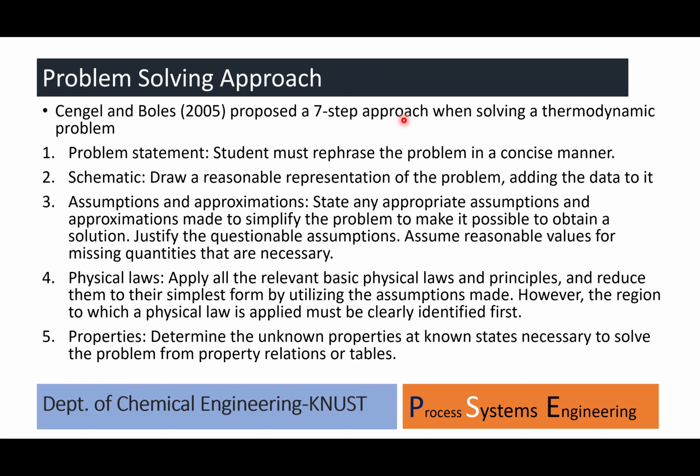So when we have a problem and we want to solve it, there are some steps that we can follow. We will be given a question, and you should be able to rephrase the problem in a manner that is simpler and concise.